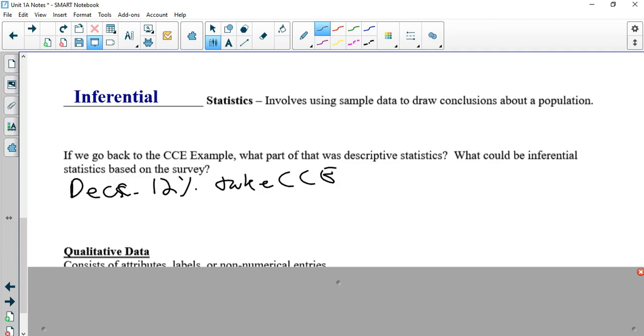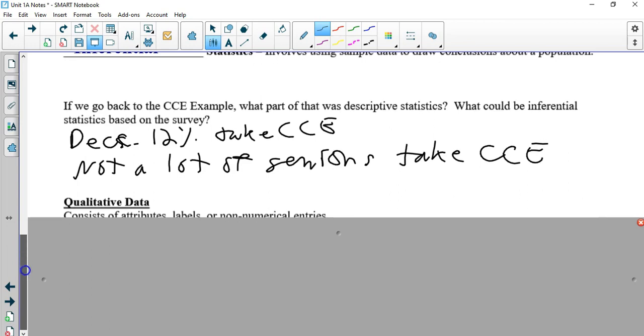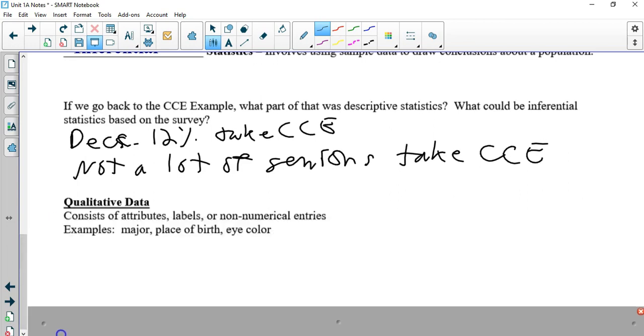Now, inferential. What inferences can we make? You know, in your own words. Not a lot of seniors take CCE. That's the conclusion we can come to.